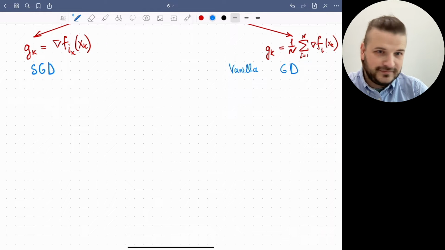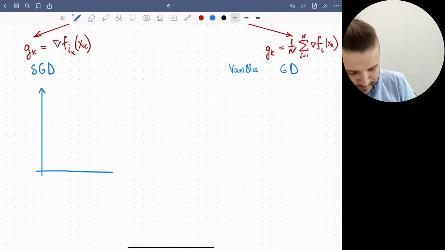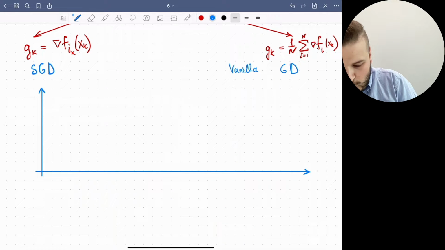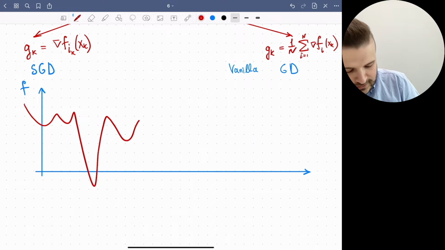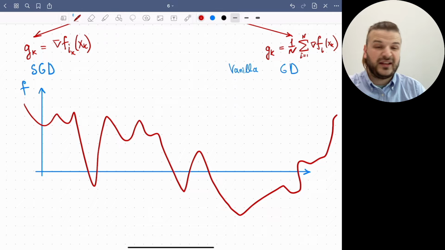Let's consider some illustration here. What if your function is some tricky non-convex function? Let's say something like this.